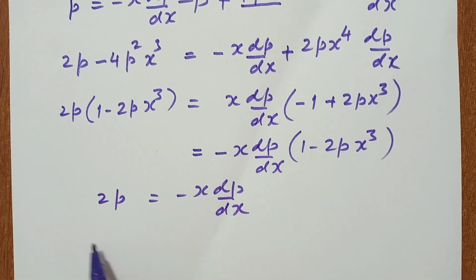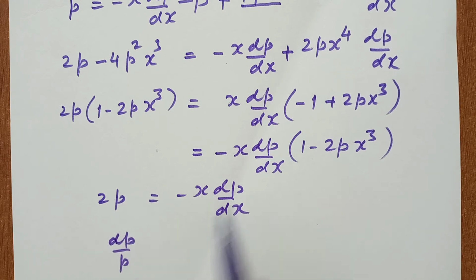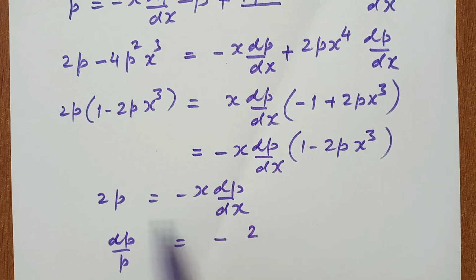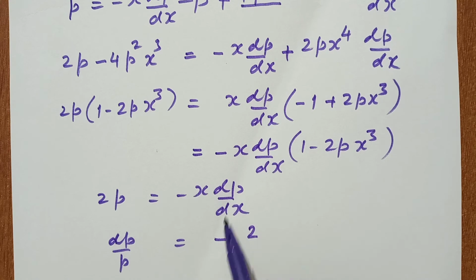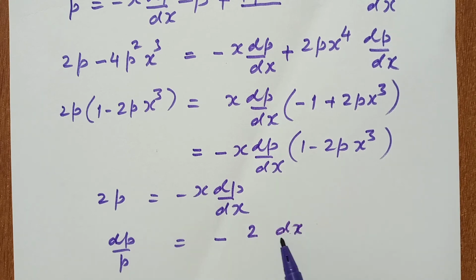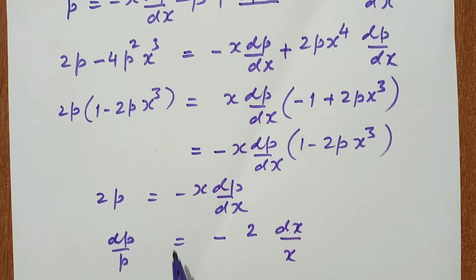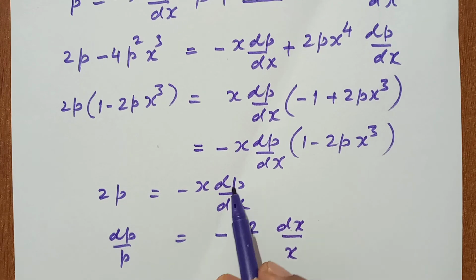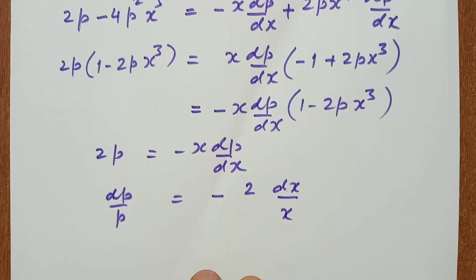It means dp by p is equal to minus 2 dx by x. So the variables are separable.